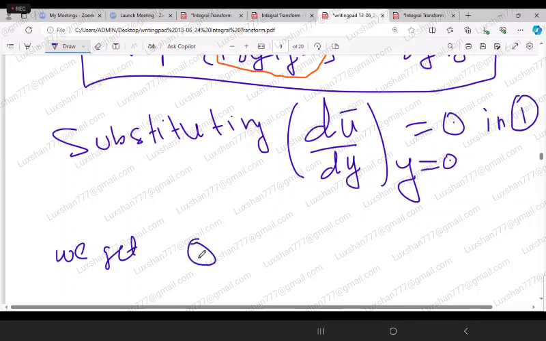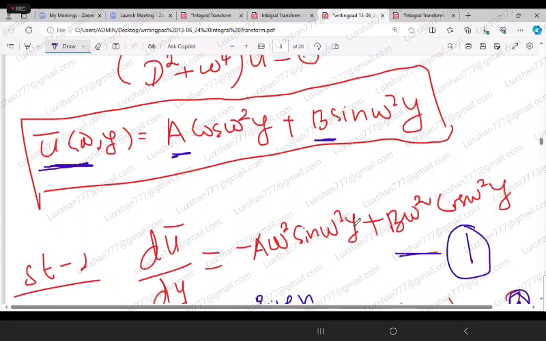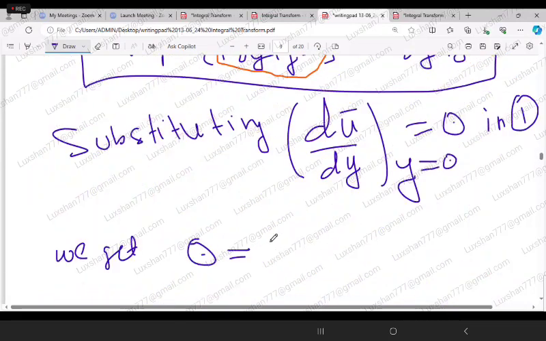We get 0 equals, sine 0 is 0, so this part is 0, and here b omega squared cos 0 is 1. Therefore, we get 0 equal to b omega squared. So this implies b equals 0.